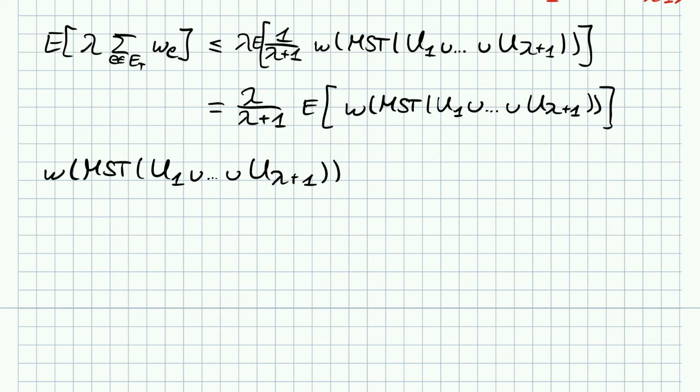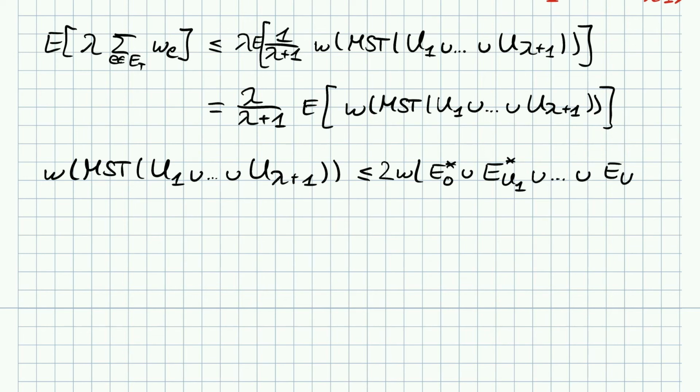What's the weight of a minimum spanning tree on U1 union and so on union U lambda plus 1? Well, we can amazingly do the same argument. Namely, we can say, okay, take whatever the optimal policy would do if the terminal set were U1 and so on.